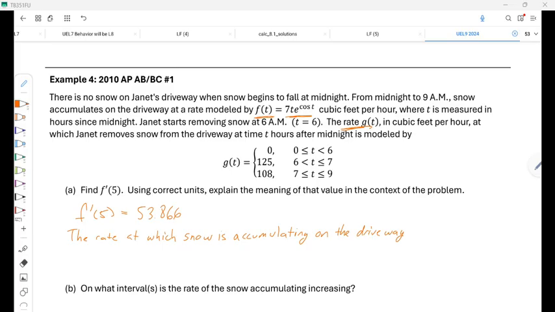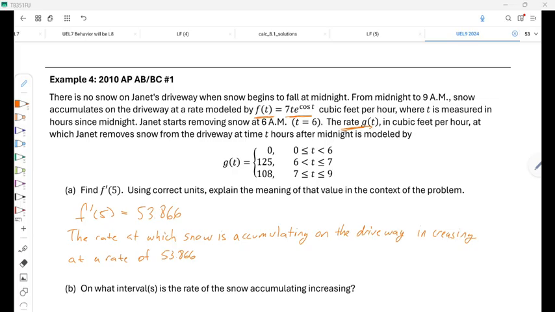It is increasing at a rate of, that's standard, at a rate of 53.866. It's the rate at which a rate is changing, so it's going to have two pers in its units.